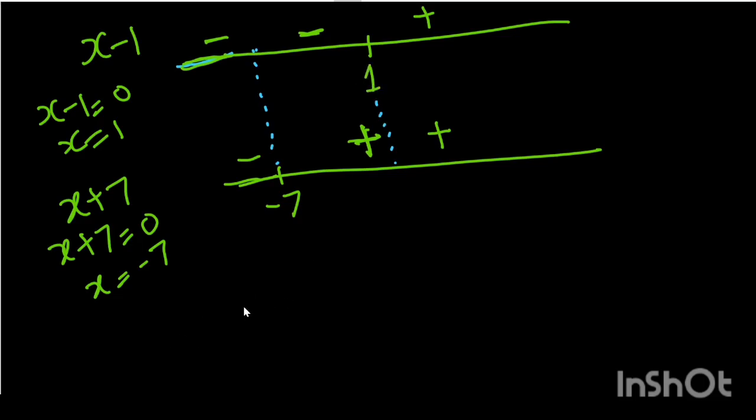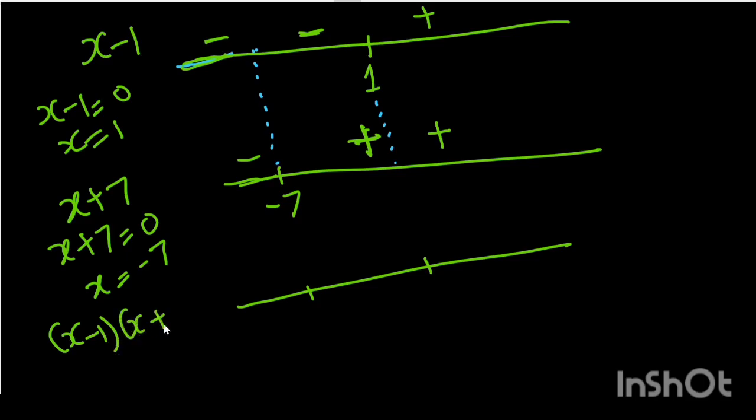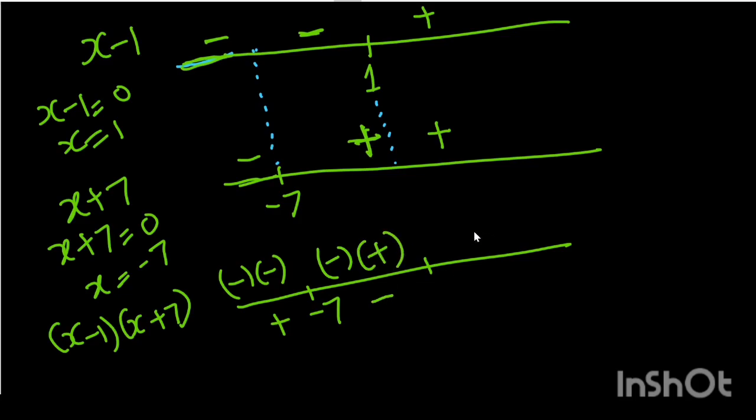So if you multiply these two in the similar way, we will get a quadratic expression x minus 1 into x plus 7, whose signs would be minus multiplied by minus, the same way we did in the previous example, which gives plus sign. This is minus 7, again minus from above, and from x plus 7 it is plus. So minus into plus is minus sign, again plus multiplied by plus gives plus sign.